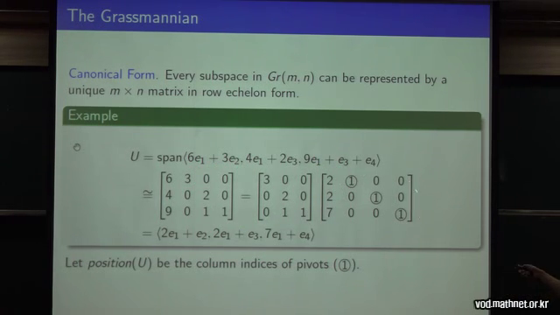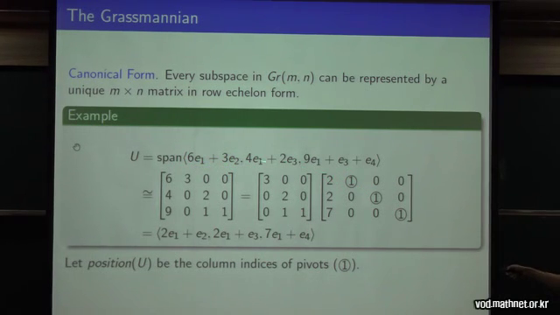I call this the canonical form, but most of you know this as row echelon form in linear algebra. What we do is take the leading term of each vector and make this leading term 1. So we have 6 times E1 plus 3 times E2. I divide by 3 to get 2, 1.